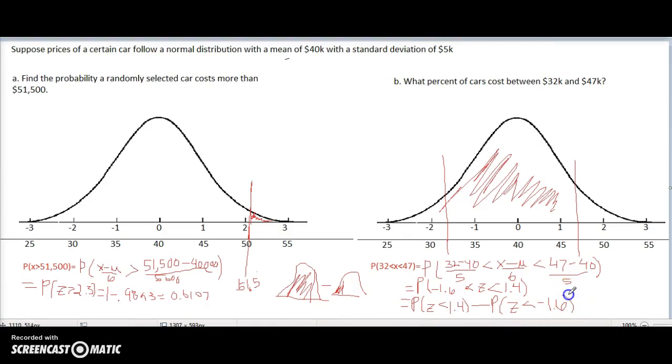Putting that down, we have 0.9192 minus 0.0548, which gets us a probability of 0.8644. So stay tuned for more examples.